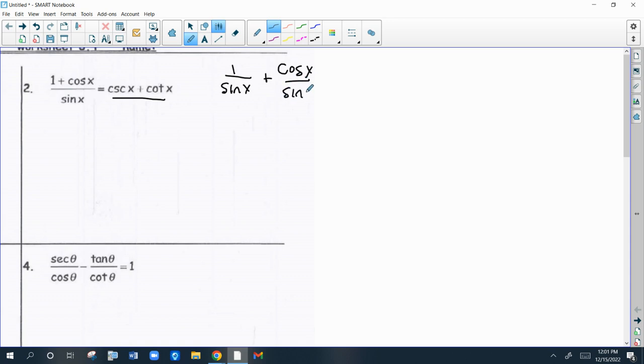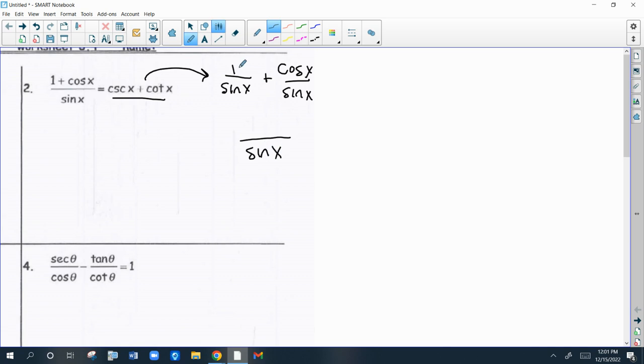So just changing this to sines and cosines looks really good because now when you have fractions, you're always looking for a common denominator, and you already have one. They're both sine of x. So whenever you have a common denominator, you can just write it as a single sum or difference over that common denominator.